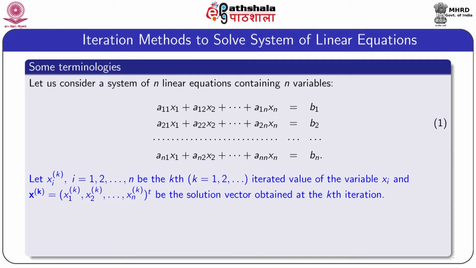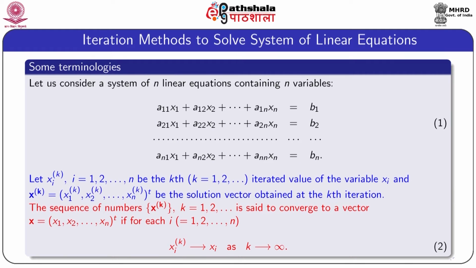Let xi^k denote the kth iterated value, or the kth approximate value, of the variable xi, and x^k is the vector of the kth iterated approximate solution, equal to (x1^k, x2^k, dot dot dot, xn^k) transpose. This is the kth iteration solution of the given system of equations.